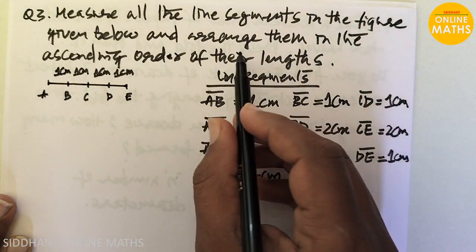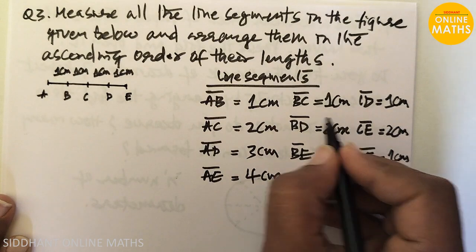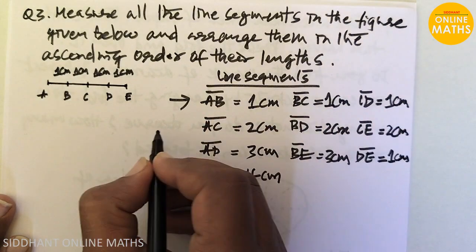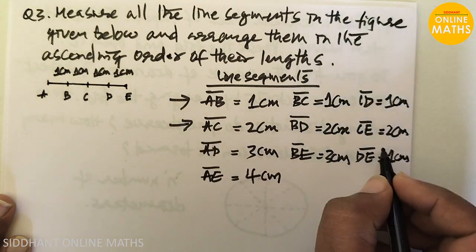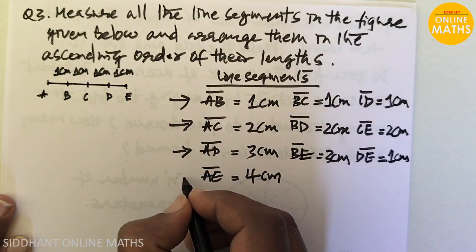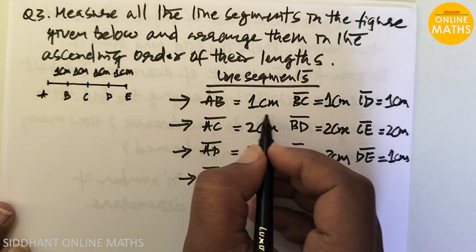Again, what they are asking: arrange them in the ascending order of their lengths. Ascending order of length means first 1 centimeter, next 2 centimeter, next 3 centimeter, next 4 centimeter. So 1 centimeter, how many are there?